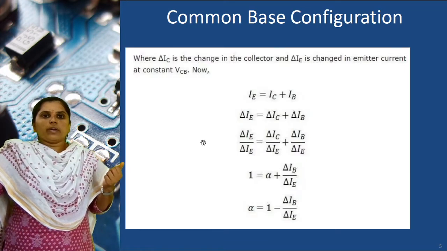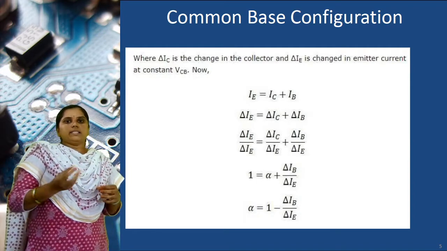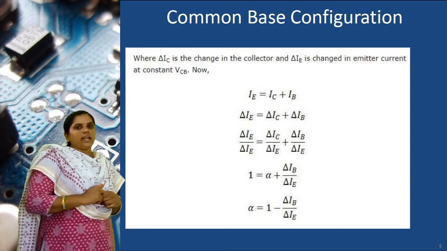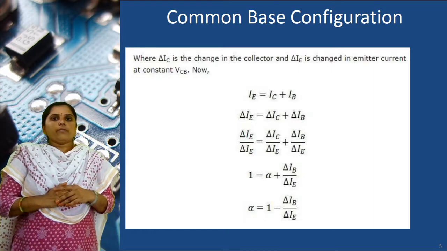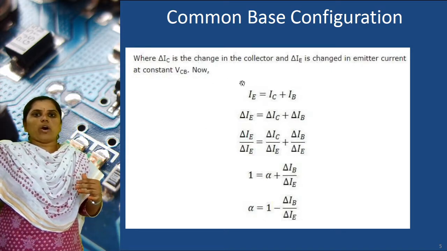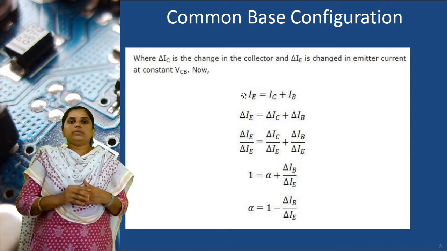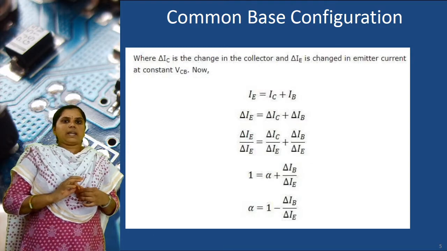Here delta IC is the change in collector current, that is the output current, and delta IE is the change in the emitter current, that is the input current, at constant VCB. Now we know this equation: input current IE is equal to IC plus IB, base current plus collector current.